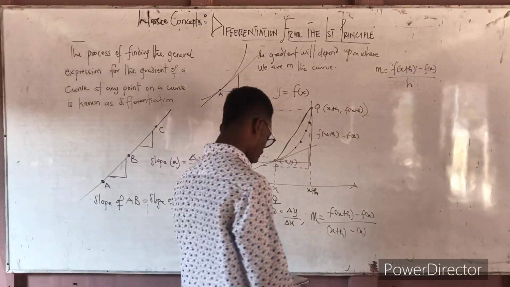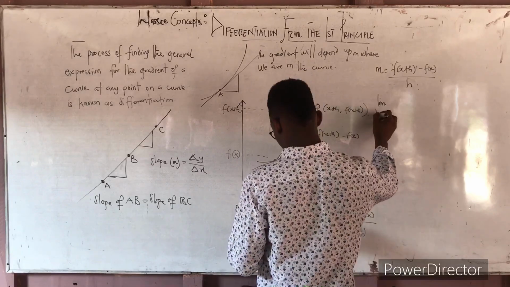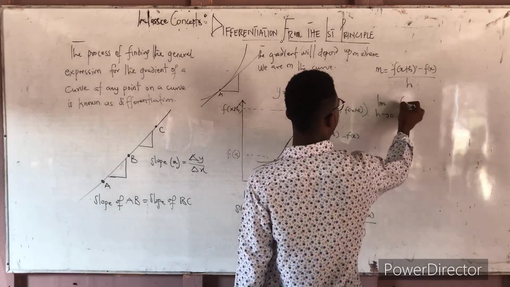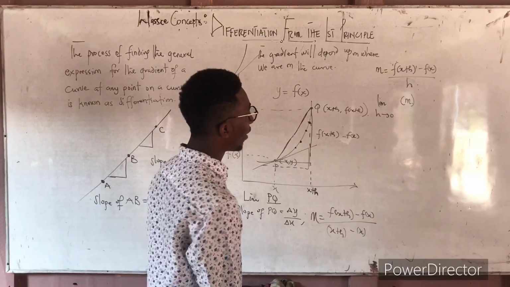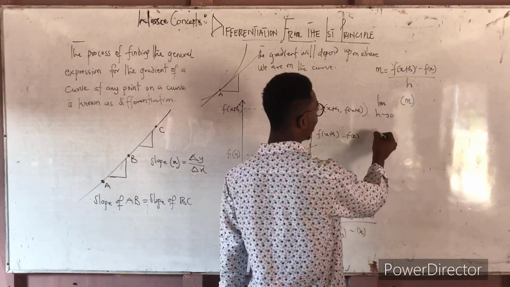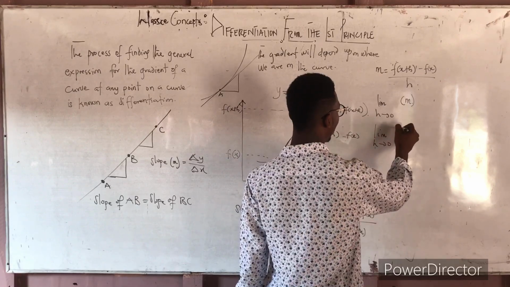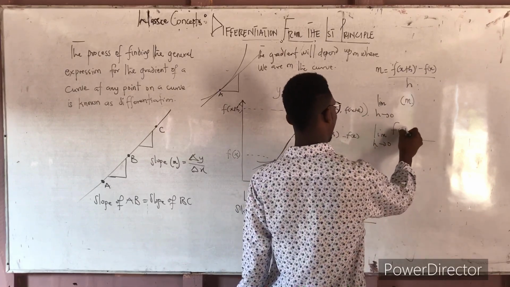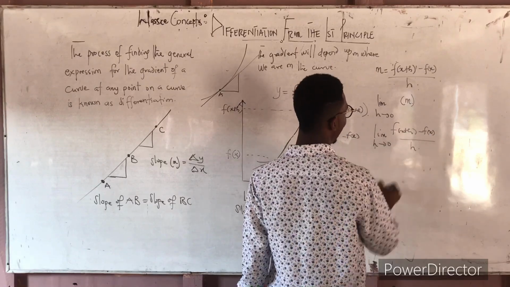Okay, so we can find the limit as h approaches 0 of the gradient m. So if you find the limit as h approaches 0 of the gradient m, what you are getting is that the limit as h approaches 0 of f of x plus h minus f of x divided by h.